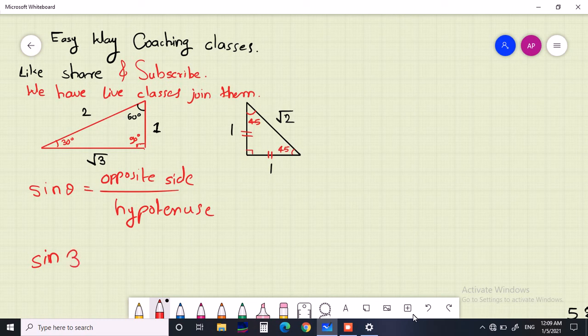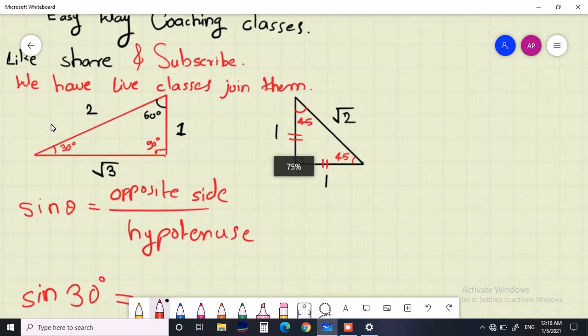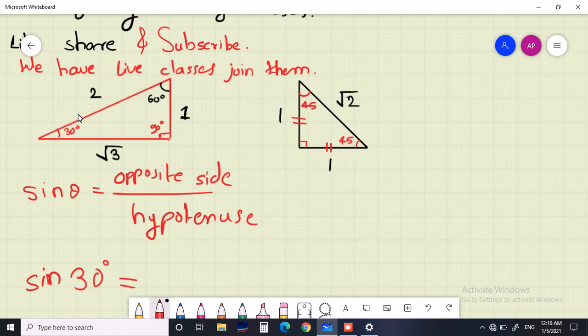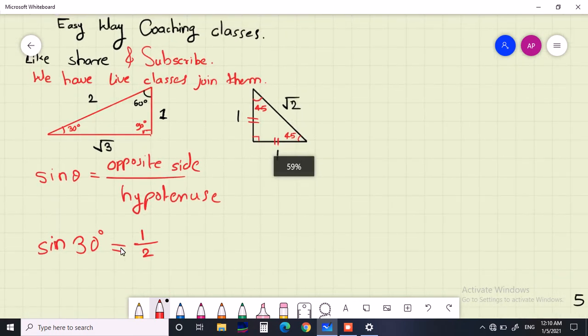Please refer to this triangle which is 30, 60 and 90. The opposite side of 30 is 1 and the length of hypotenuse is 2, so sine 30 is 1 divided by 2. Simple, no?